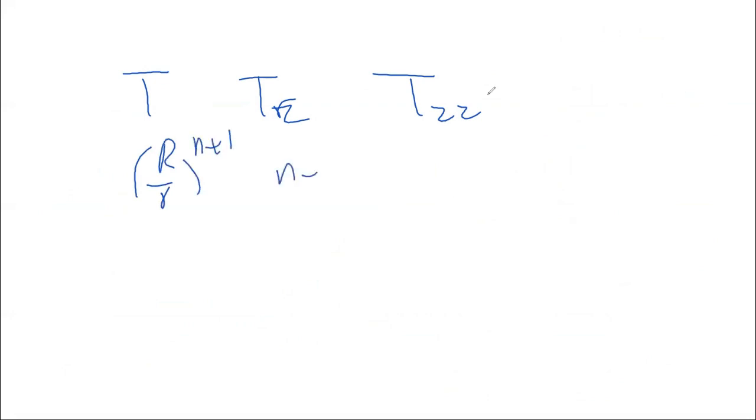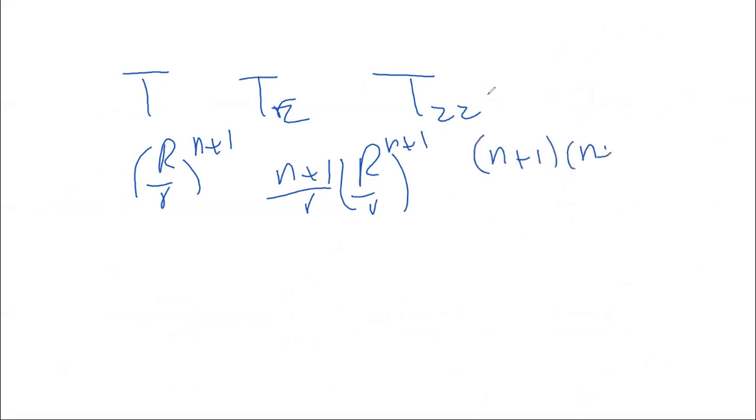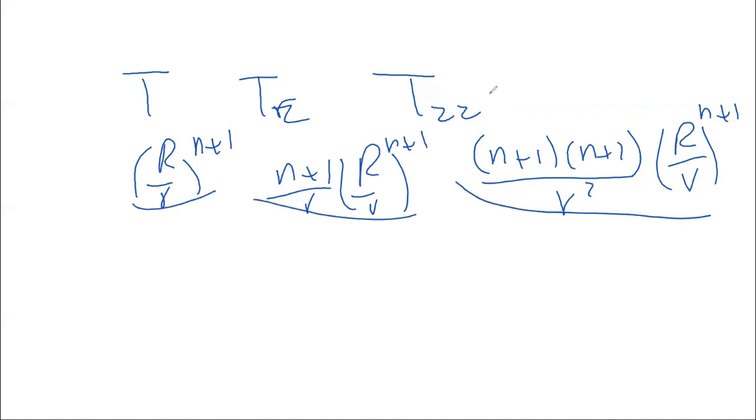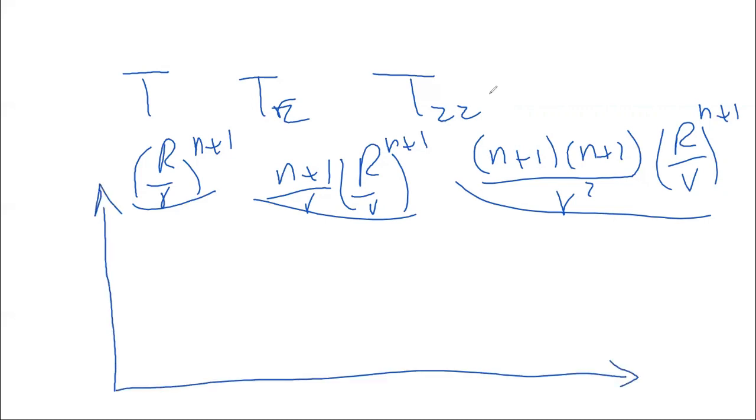And here I have (n+1) R over r, and here I have (n+1)(n+2) R over r, (n+1) divided by r squared. If I plot these kernels based on these damping factors, what does damping factor mean? It means to kill frequencies.